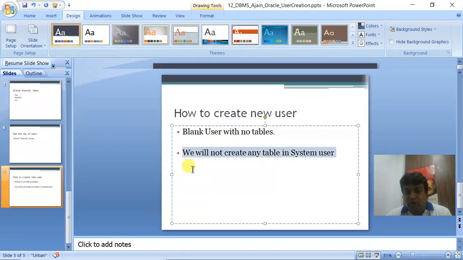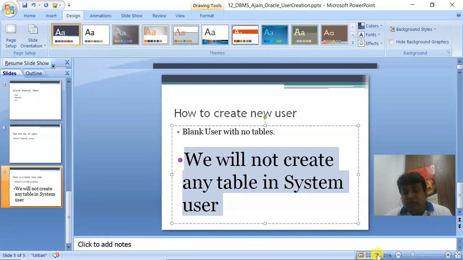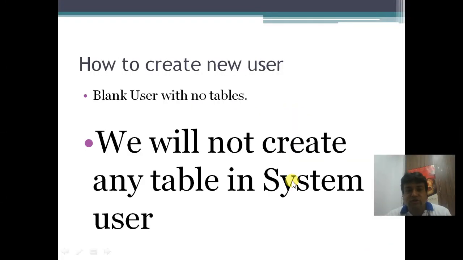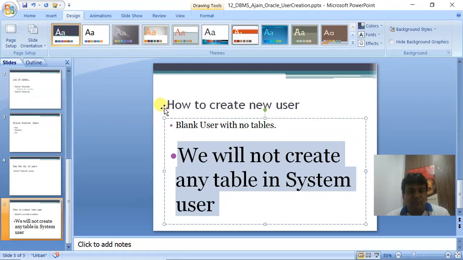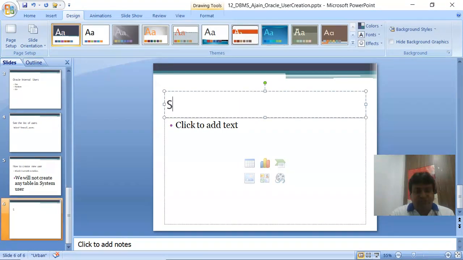Okay, although there is no such rule, but this system user is a reserved user, so we should not create any table in the system user. Okay, so we will create a new user. Is this thing clear? Now how to create a new user, there are certain steps to it. So let me show you the steps for creating a new user.